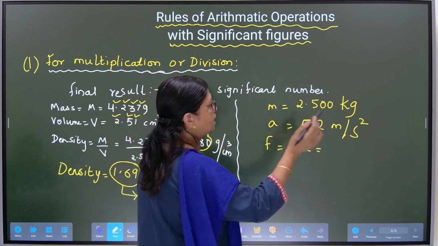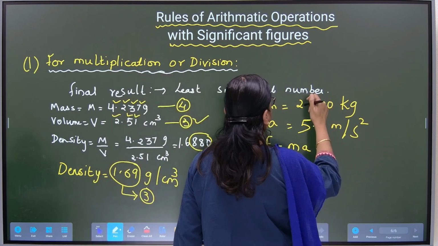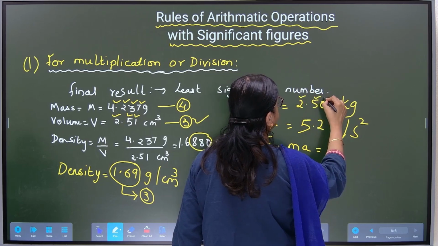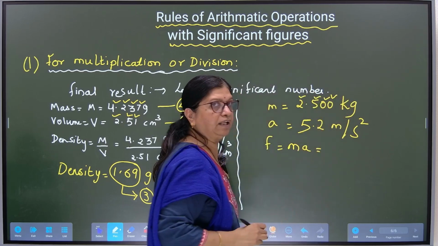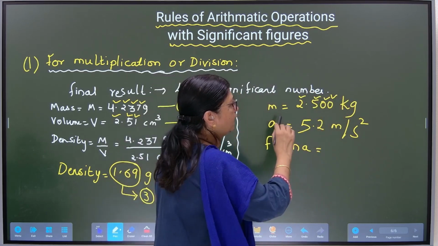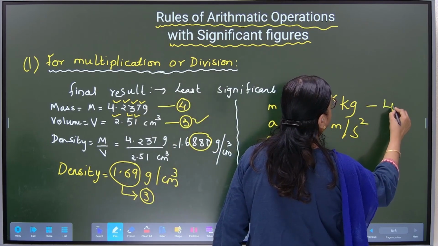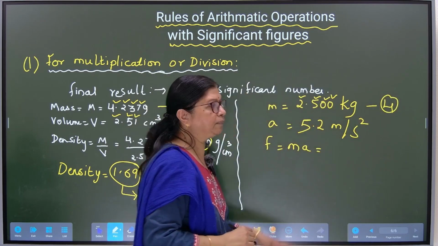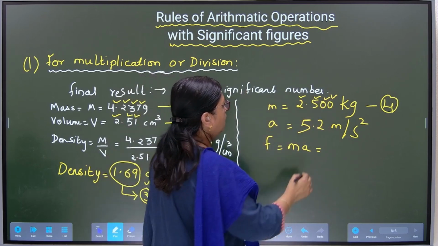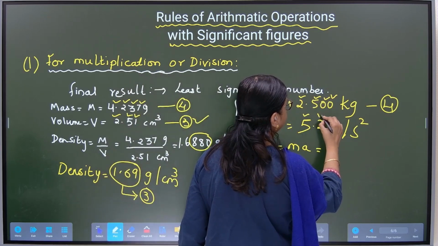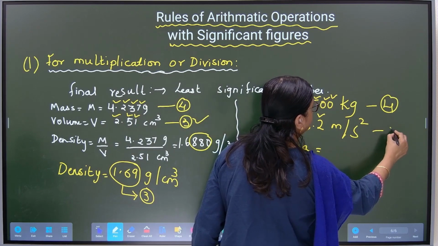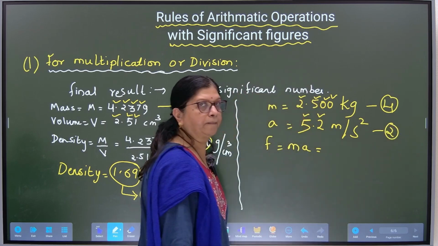Fine. Now first let us determine how many significant figures are there in the given quantity m. So according to the rule of significant figures, it has 4 significant figures. This measurement has 4 significant figures, and this measurement has 2 significant figures. Correct?